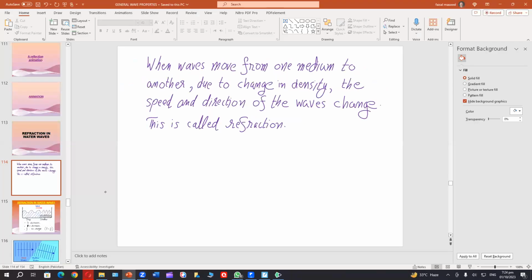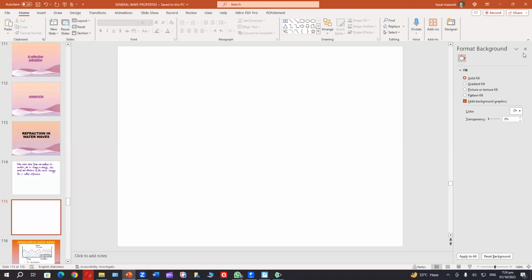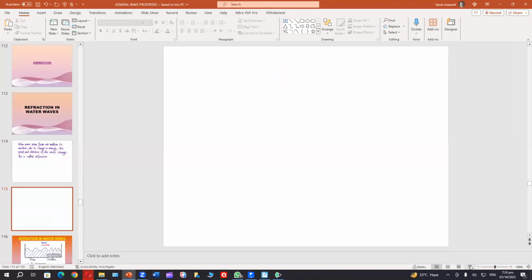Now, what about water waves? Again, the same example. If you are standing on the seashore and you look at the waves coming up, you will notice that their wavelength is changing.